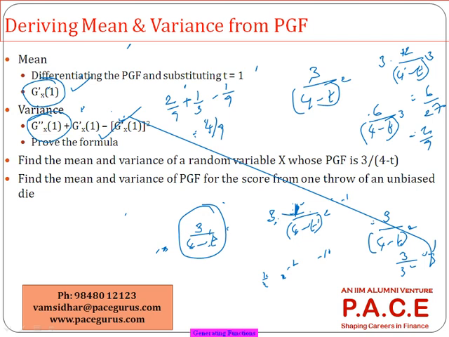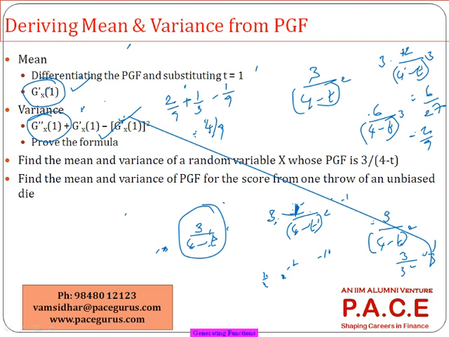So if at all someone has given me a PGF and asking me to find out the mean and the variance of some distribution, I should be able to differentiate the PGF and substitute 1 to get the mean.